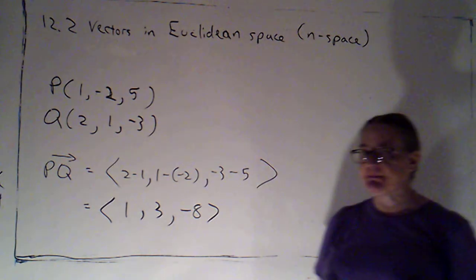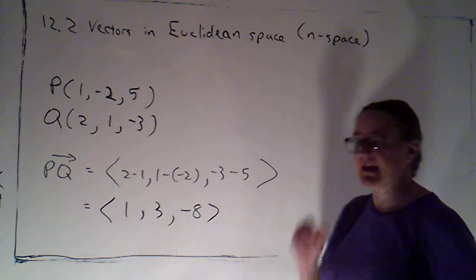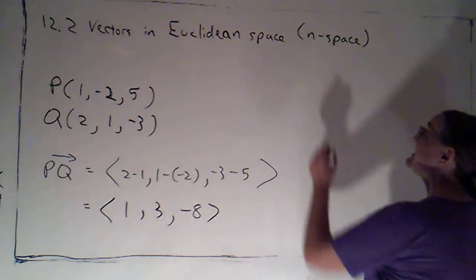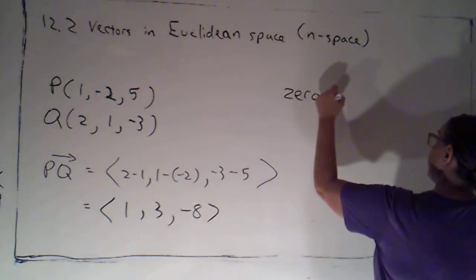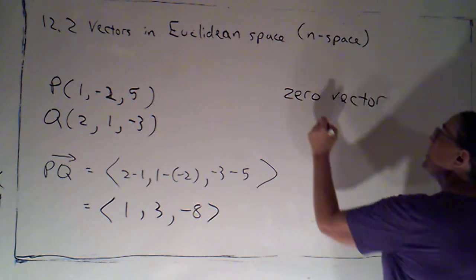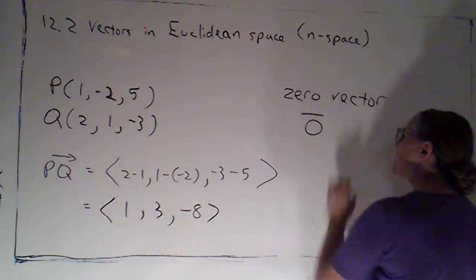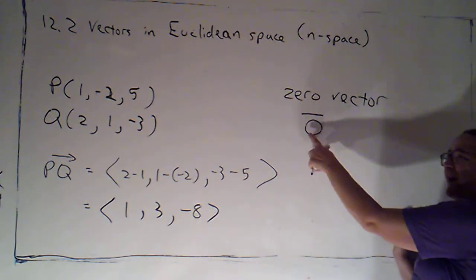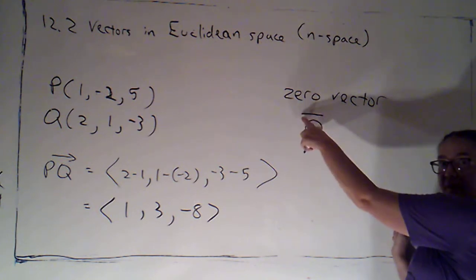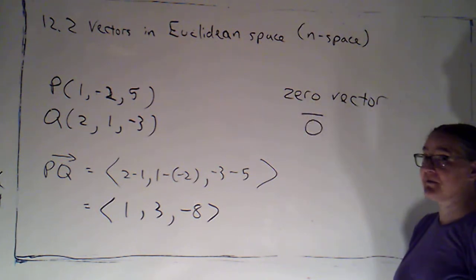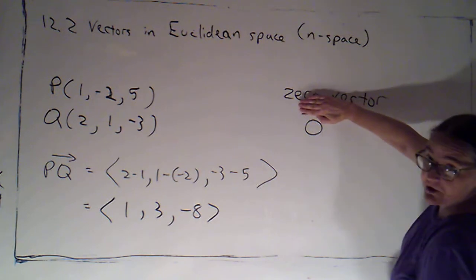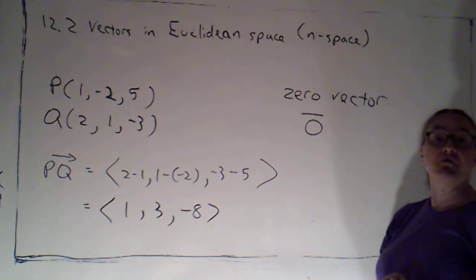There's one very special vector in each version of n space, and that's the 0 vector. We denote it, this is the one time we're going to actually name a vector by just writing a number with a bar over it. The bar is very important because, without the bar, this means 0 the number. This means 0 the vector.